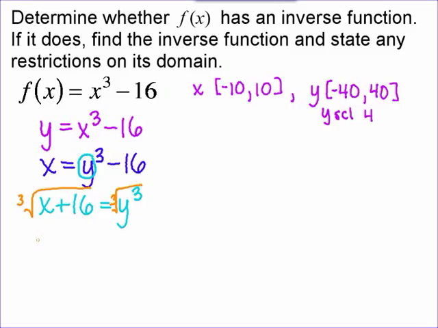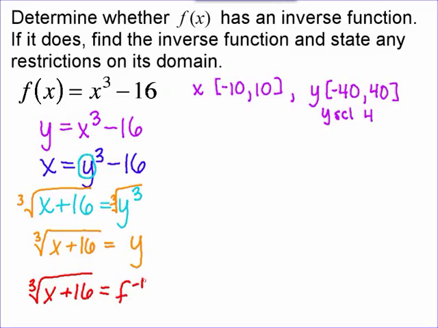So we end up having the cube root of x plus 16 equals y. And my final step, in place of y, I don't want that to be the case. I want it to be the inverse. So I'm going to go ahead and write that as f inverse of x. So that is the inverse.